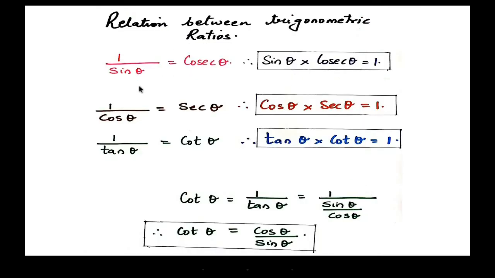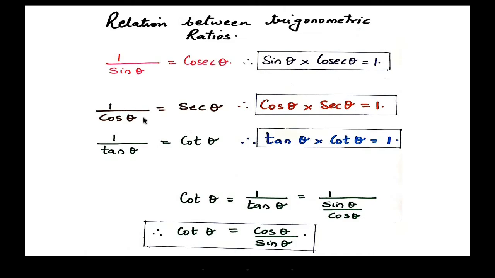After studying these ratios, we will study the relation between the trigonometric ratios. First, we have studied 1 upon sin theta is equal to cosec theta, that is, cosec theta is the reciprocal of sin theta. So if you multiply both the sides by sin theta, we get sin theta multiplied by cosec theta is equal to 1.